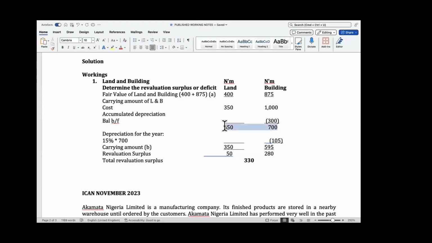So at the beginning of the year, the carrying amount of the assets would actually be this, before you charge this depreciation. For the land and building, the total, as we have done before, was 1275. The carrying amount of the two assets, 350 plus 750, that's 1050.